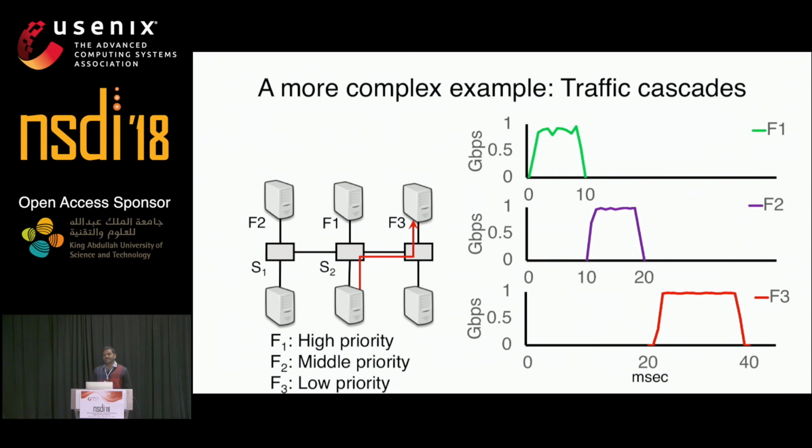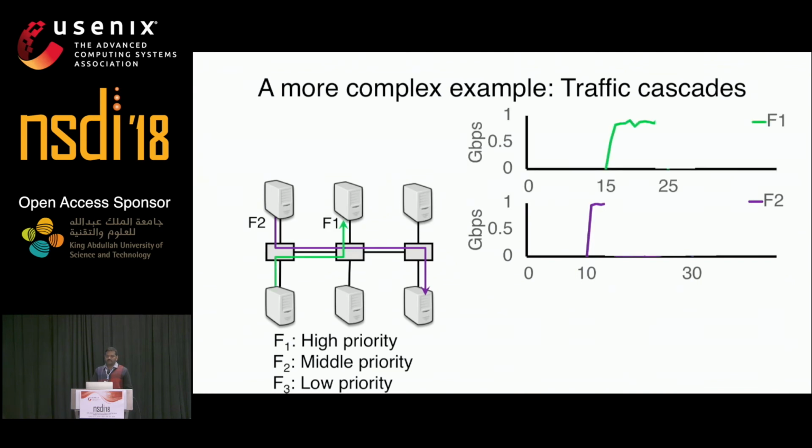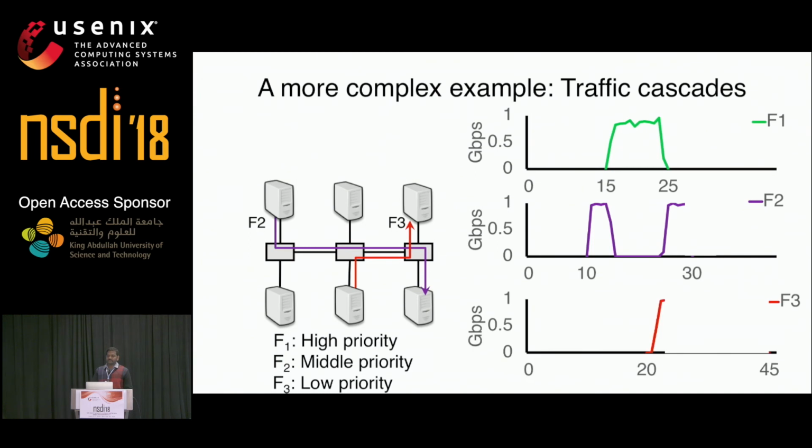Now let's see the cascading problem. As usual, F2 starts at 10, but F1 is delayed to 15. By then, since F2 has already started, F2 packets are delayed, and right after F1 finishes, F2 resumes back to the normal state. But the problem is, by then F3 has already started at 20.